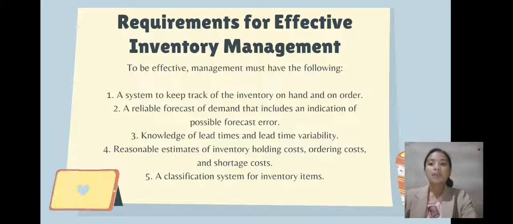Second, a reliable forecast of demand that includes an indication of possible forecast error. Third, knowledge of lead times and lead time variability. Fourth, reasonable estimates of inventory holding costs, ordering costs, and shortage costs. Fifth and last, a classification system for inventory items.